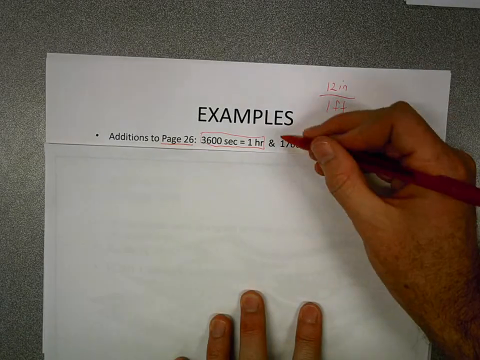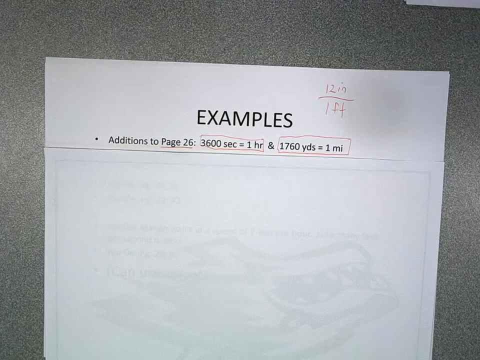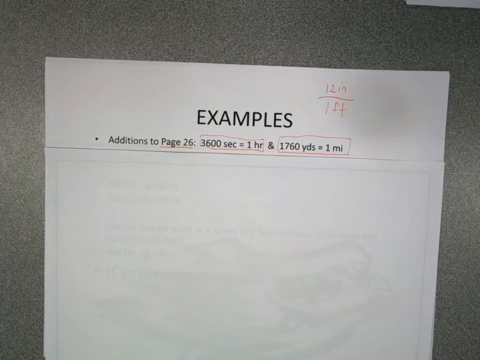And 1,760 yards equals 1 mile. Those are two that you need to make sure you have down there. I'd really write them up by the rest of them, because if you write them down below or hide them in the different words, you're going to lose them and not know where they are. I'd really write them on the side or right below the tables.